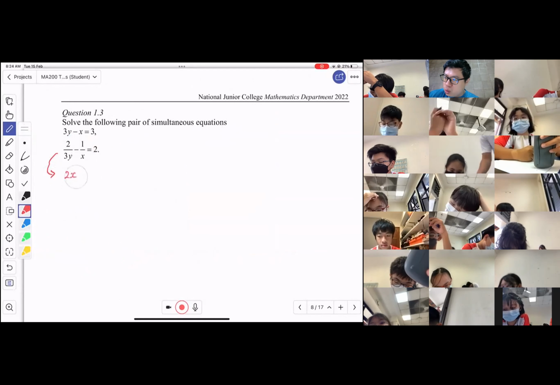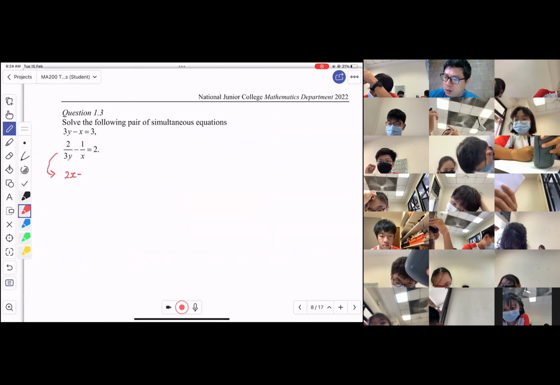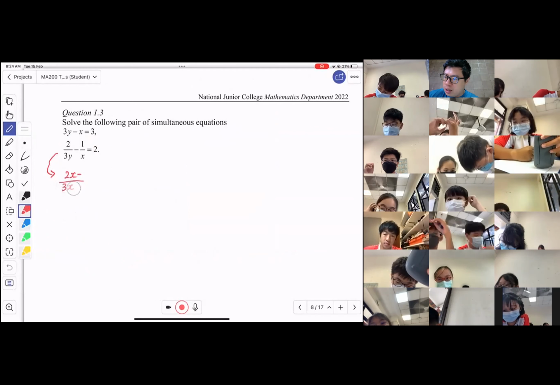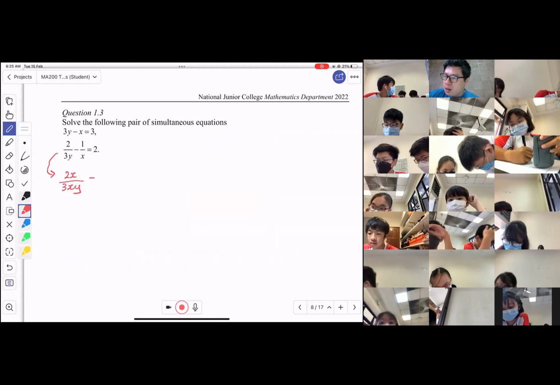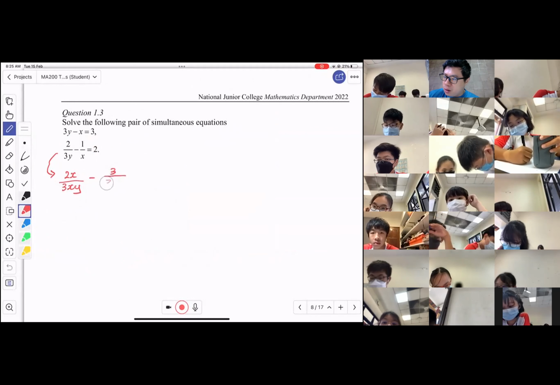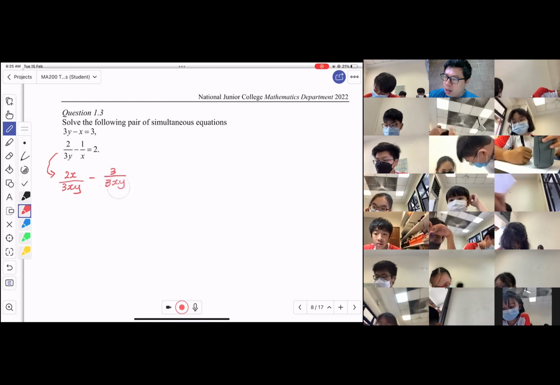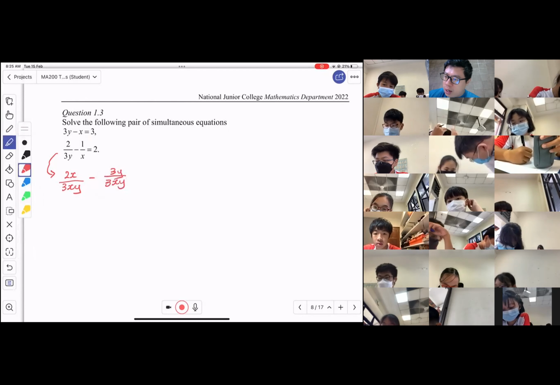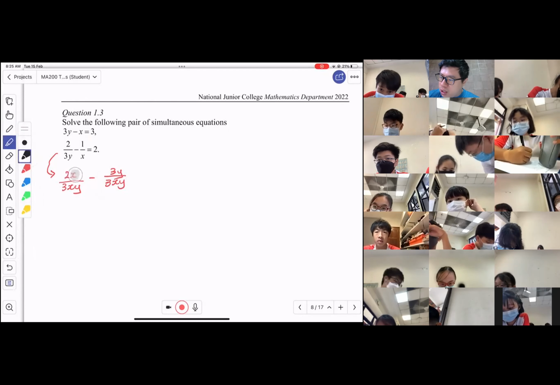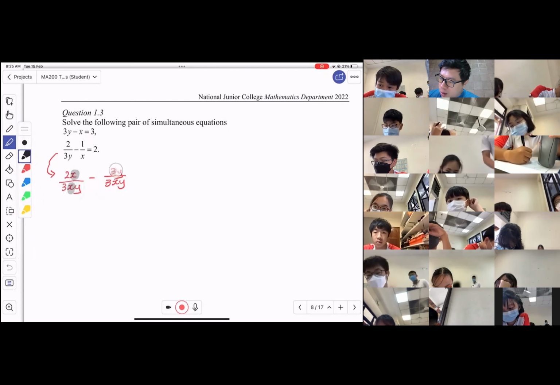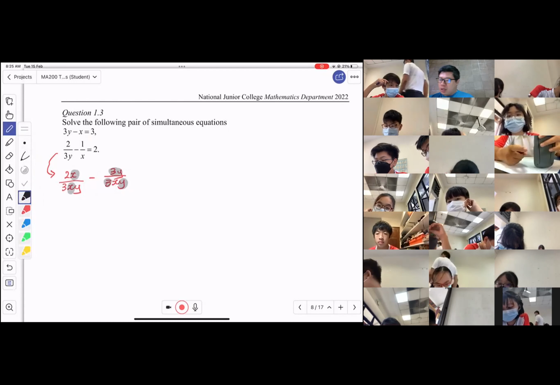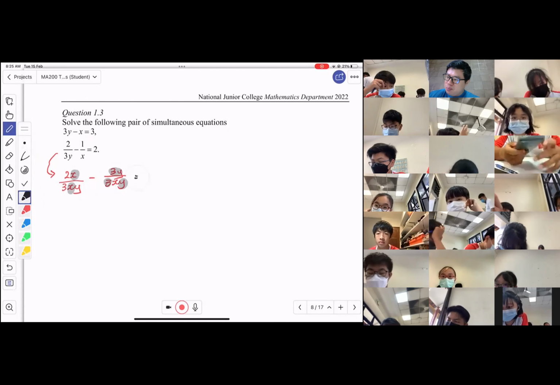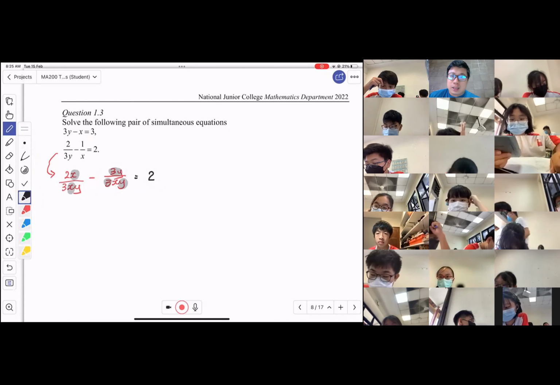This is the same as 2x over 3xy. So you notice I introduced a new denominator. This is 3 over 3xy. So notice how I introduce this in, just to make sure that the denominators are the same.